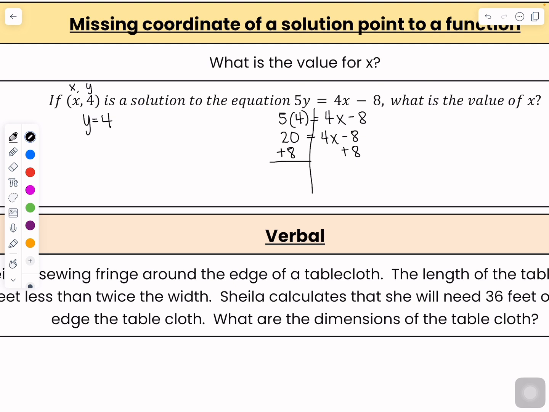Remember, a negative 8 and a positive 8 cancel each other out by creating a zero pair. So we have 28 is equal to 4x. When we divide both sides by 4, we're left with x is equal to 7. So the value of x is 7.